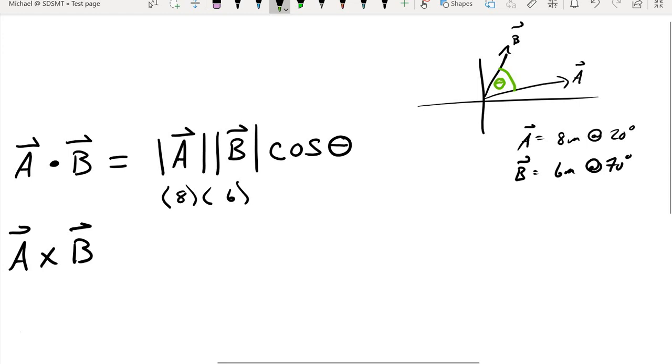B is at an angle of 70, A is at an angle of 20, so that gives me a difference of 50 degrees. So we have cosine of 50 degrees. We'll plug all of that into our calculator. We have our 8 times our 6 times cosine of 50, and that's giving us approximately 30.9.